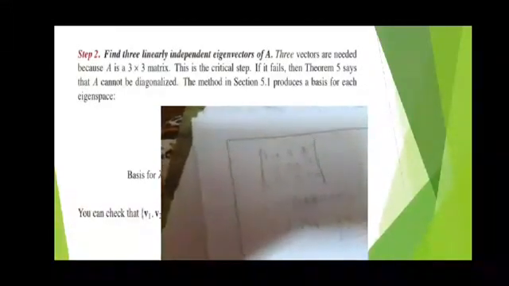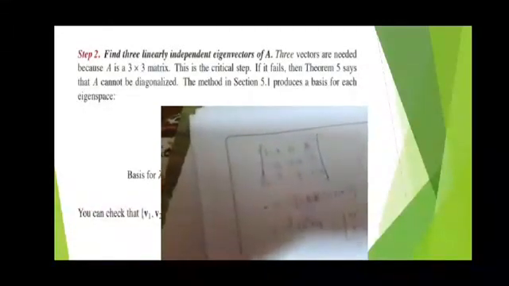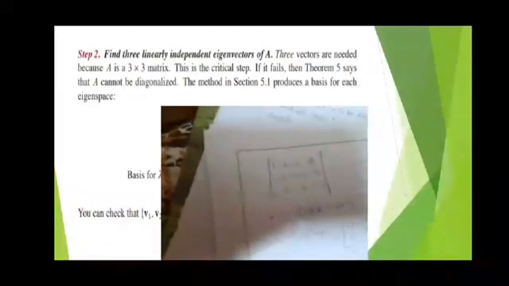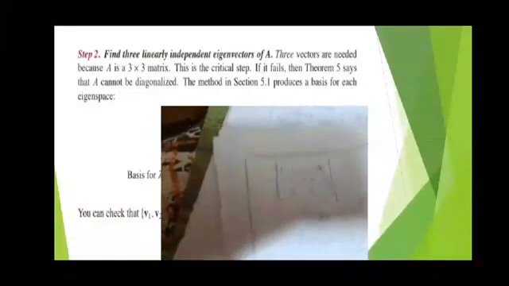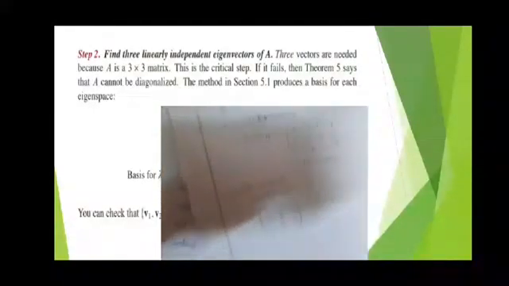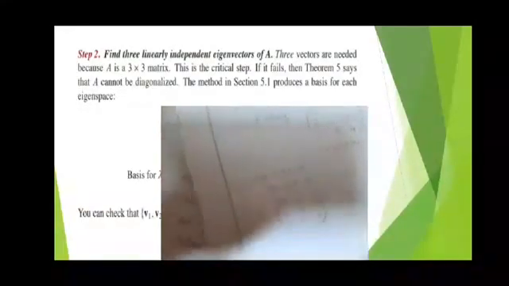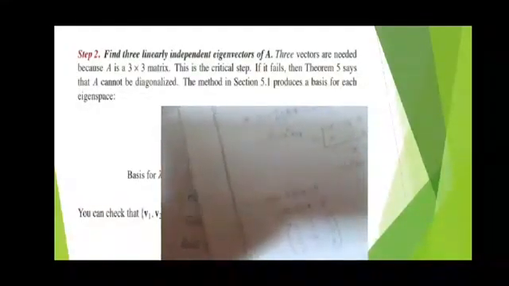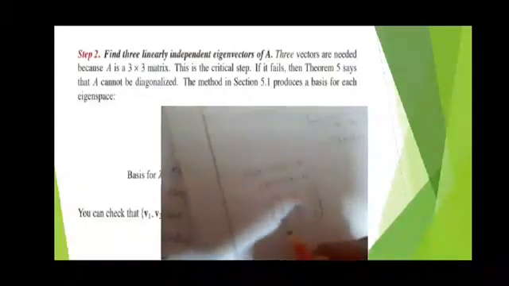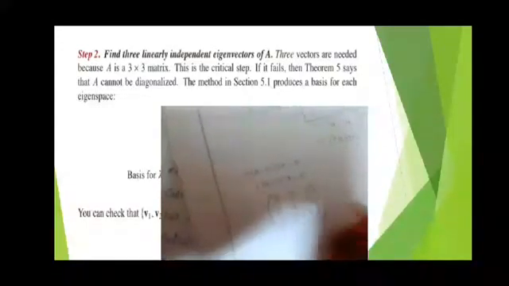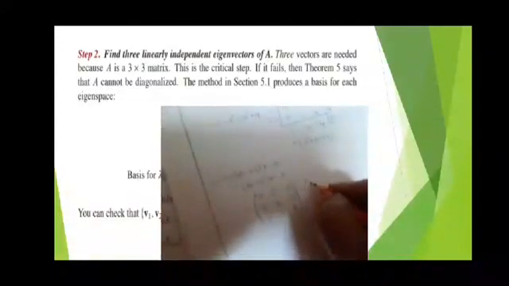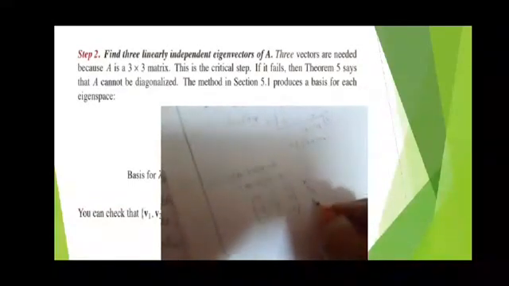Next 3, 3, 1 minus lambda, 1 minus 1, that will be 0. Just put the lambda value 1 in the above matrix. That will be 0 3 3, minus 3 minus 6 minus 3, 3 3 0. And x means x1, x2, x3.